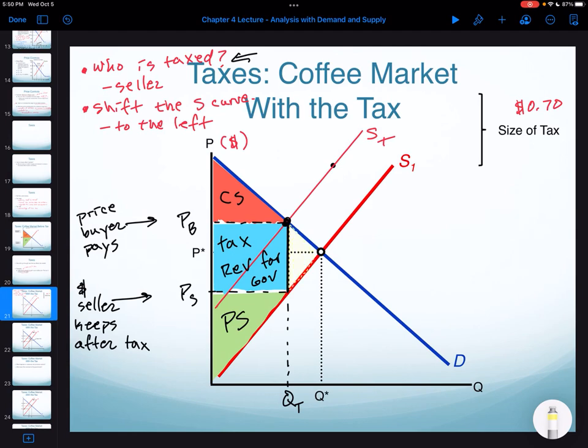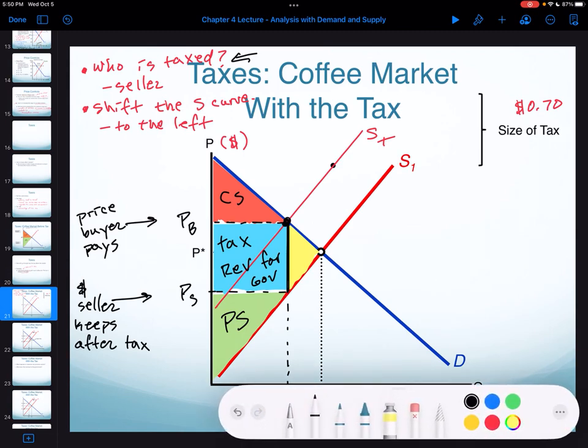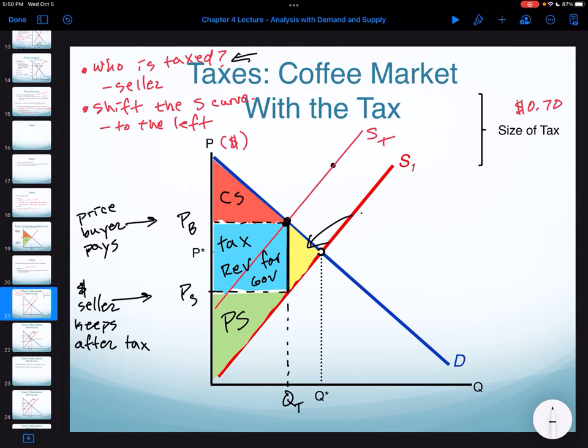There we go. Okay. This little triangle here is what we call deadweight loss. Now, we abbreviate this with DWL, since we don't want to write out deadweight loss all the time, okay?